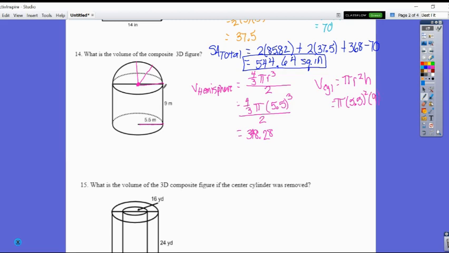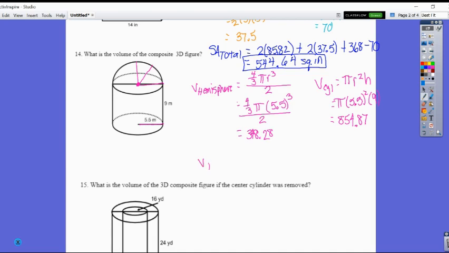Height is going to be how far from circle base to circle base. So 3.14 times 5.5 squared times 9, looking at 854.87 cubic meters.